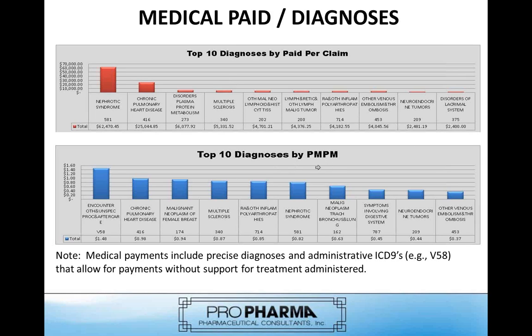If you look at it on a per member per month so that you can compare it across different entities, and clearly, as I've indicated, that you compare public versus private, and then with regard to plans, et cetera, you see that a good deal of the cost is being tied up in administrative fees, where the patient goes to the doctor, is evaluated, and then is given some therapy, and in that, the physician is coding an administrative fee, but the drugs, the specialty drugs as well, are all being given under administrative code that does not necessarily relate to a diagnosis.